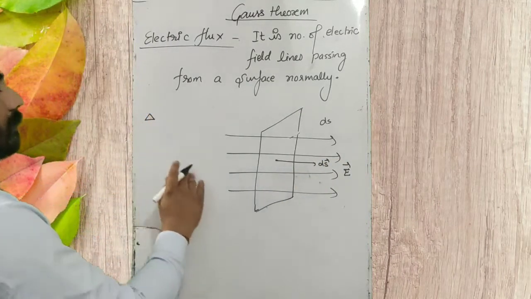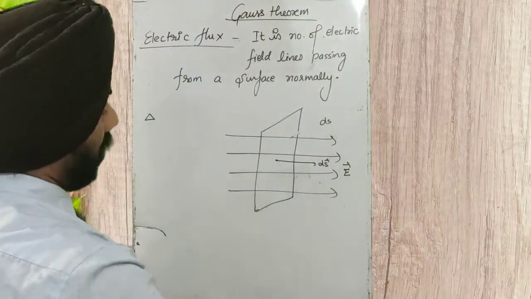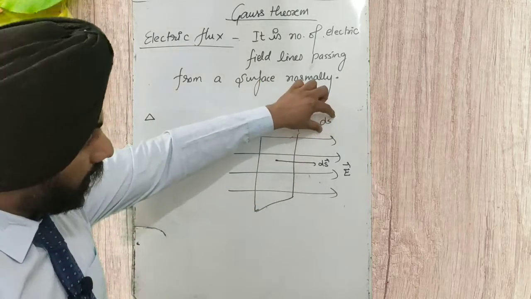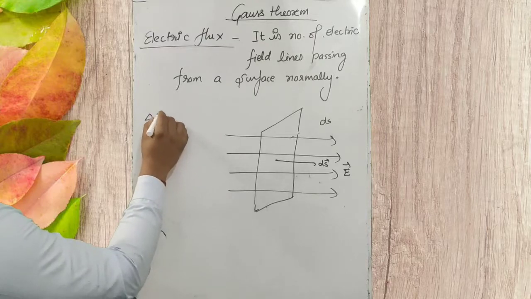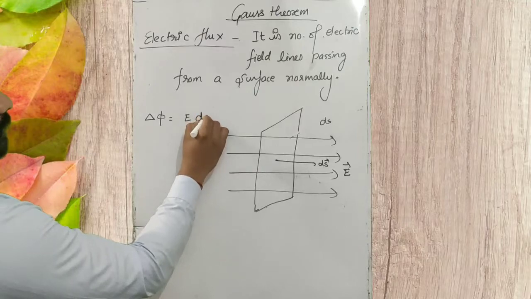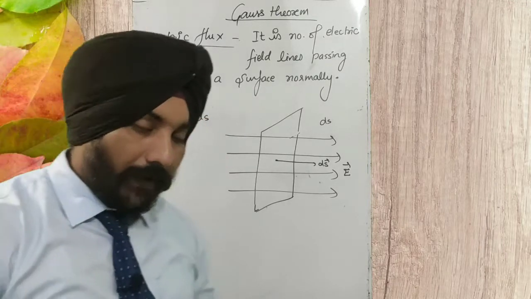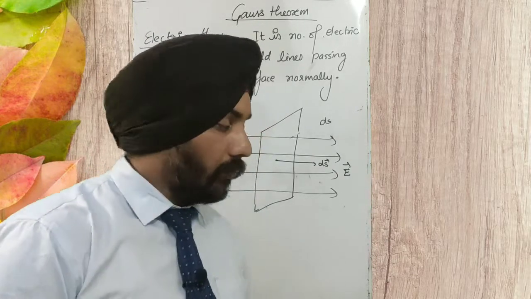It is a part of a big surface, like this board. This is a part of the surface which has the area ds. So how much electric flux is passing through this surface? That is equal to E ds.